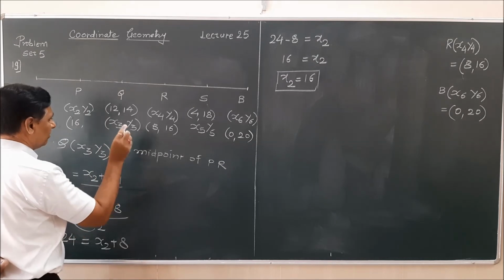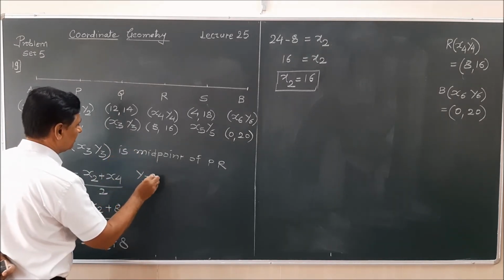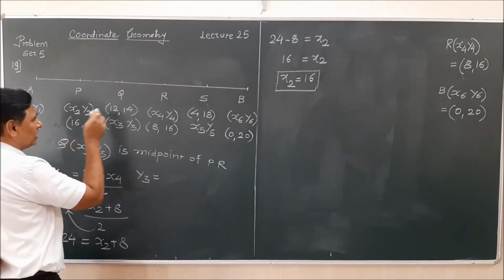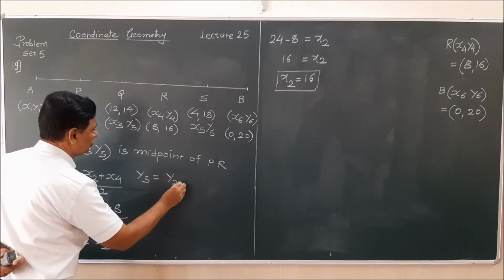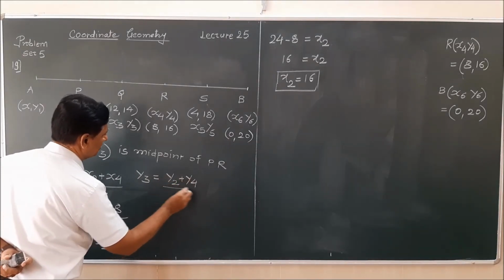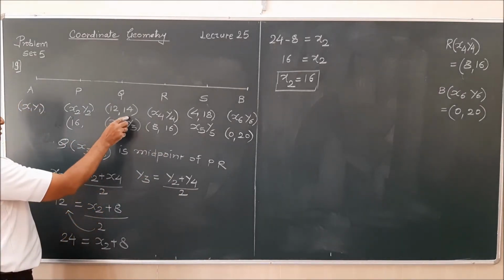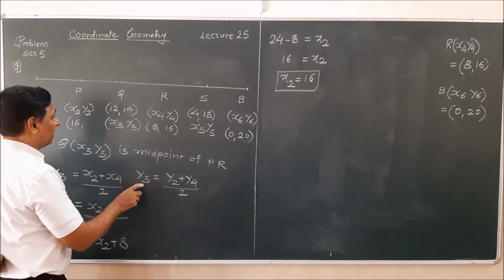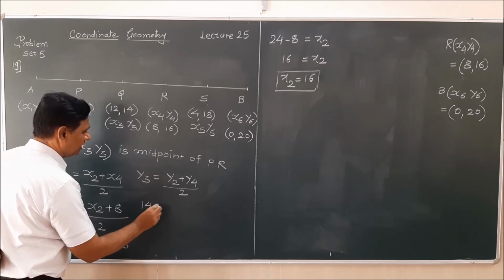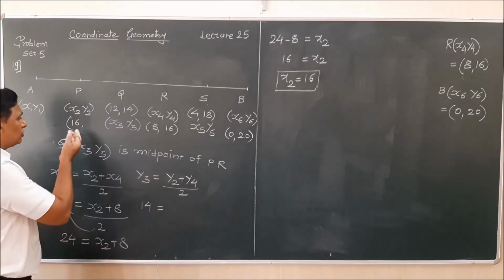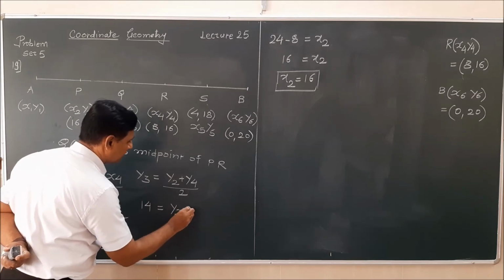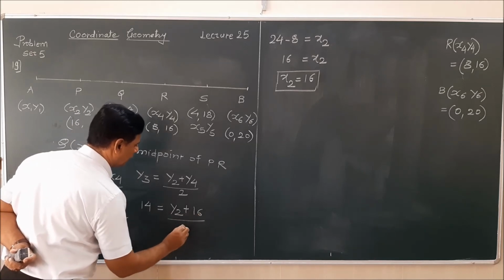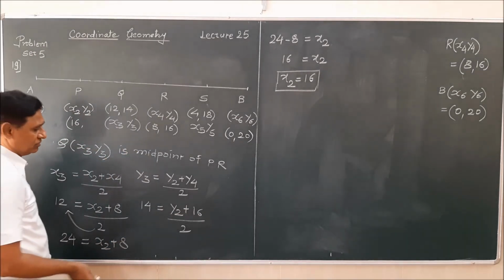For that, again you will find y3 is equal to y2 plus y4 upon 2. The value of y3, yes, we know it, 14, is equal to y2, we don't know, plus y4. What is the value of y4? 16, upon 2.